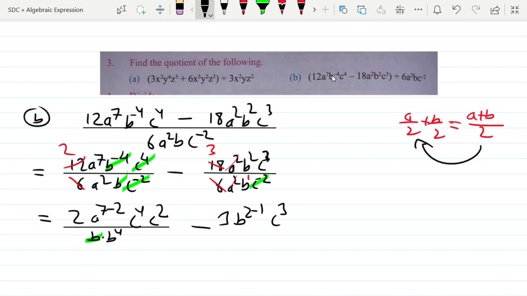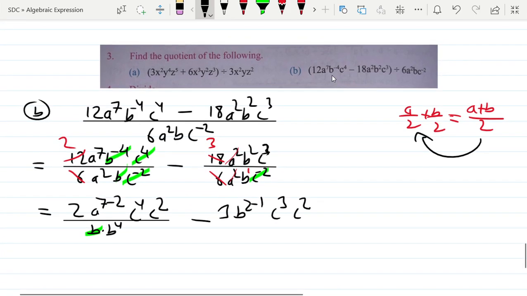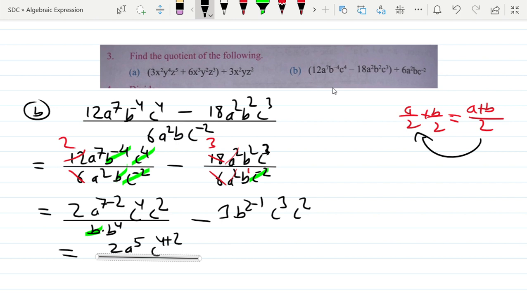And c power 3 below is c power minus 2, is it? So this bring it above, is it? And nothing is down in the denominator, is it? So it will give you now 2a power 5, c power 4 plus 2, and there below you see b power, here you see b power 1.